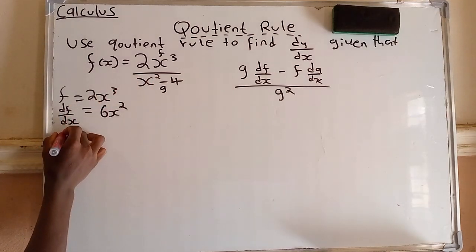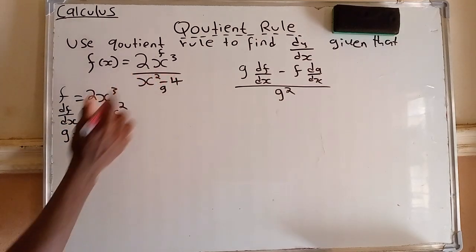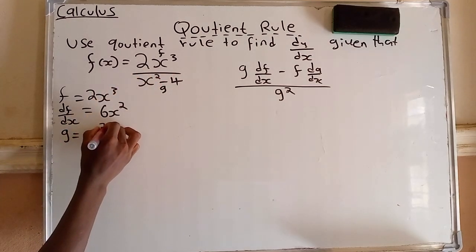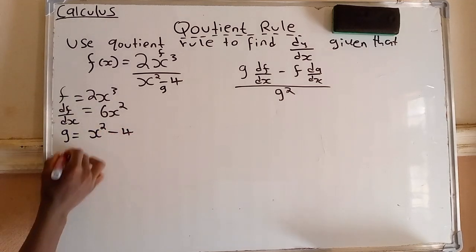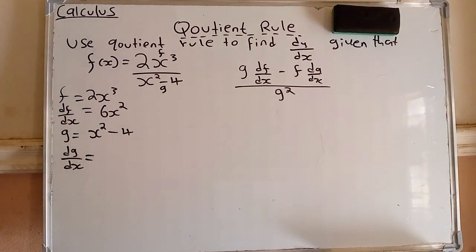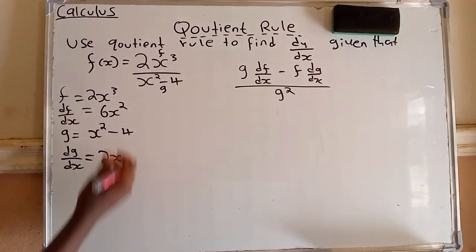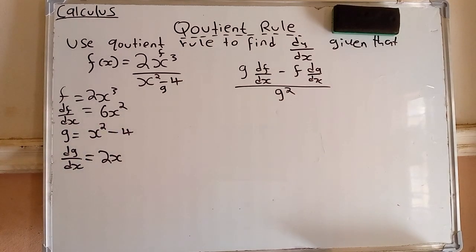The g will be x squared minus 4. So what will be dg/dx? If you differentiate x squared, you have 2x, and if you differentiate 4, you have 0. Okay, let's substitute into the formula.